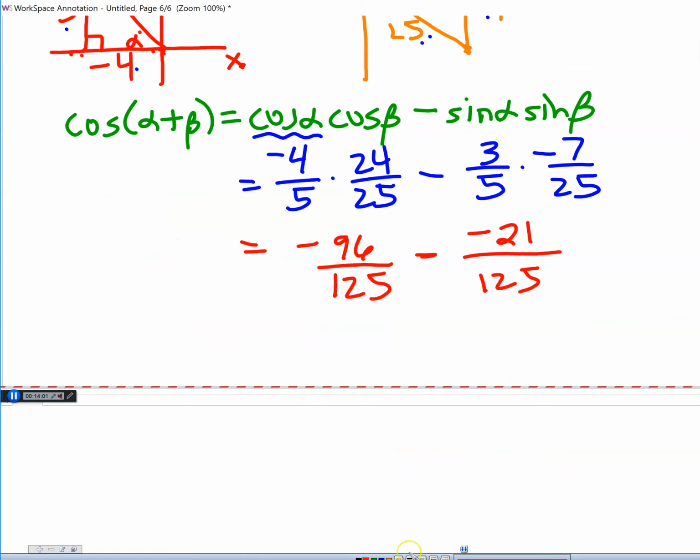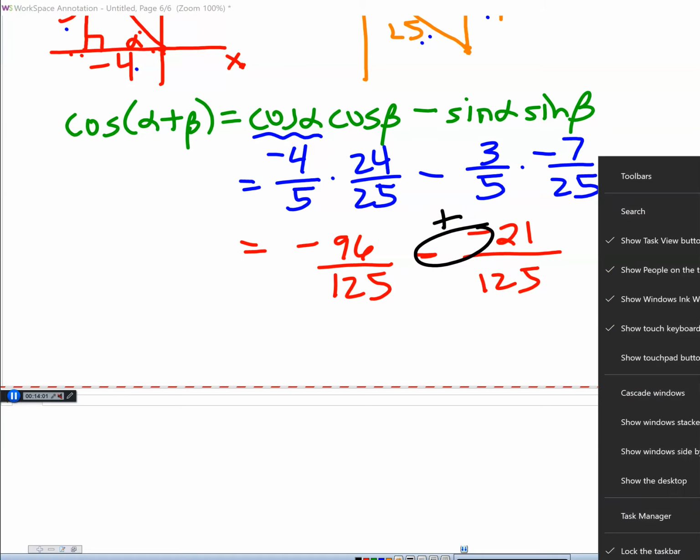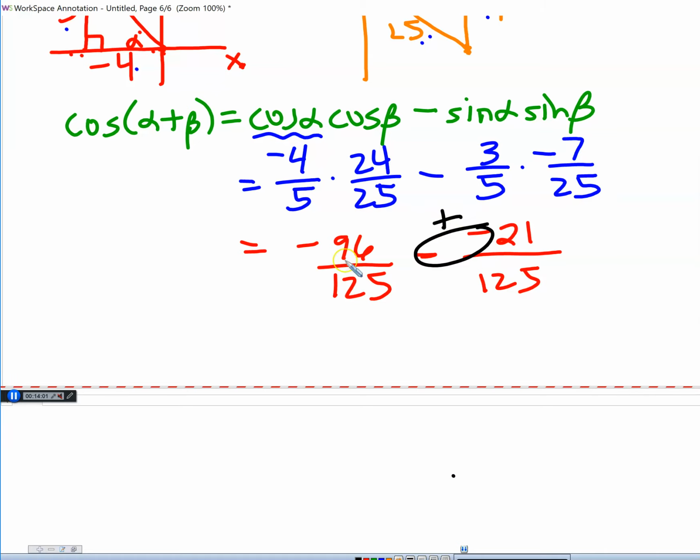So again, I have this minus negative, which becomes plus positive. So I'm looking at this negative 96 plus 21. So I want to take 96 minus 21. But again, you can use a calculator. So we're looking at negative 75 over 125, our common denominator.